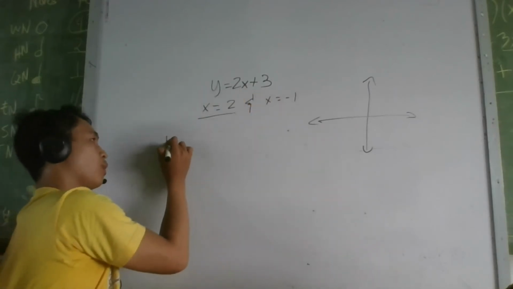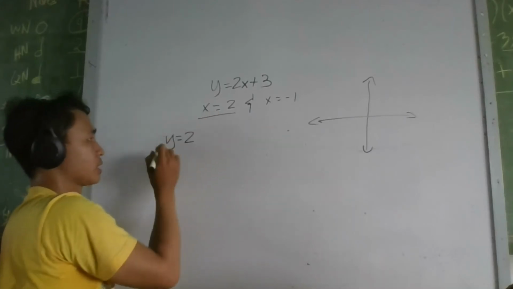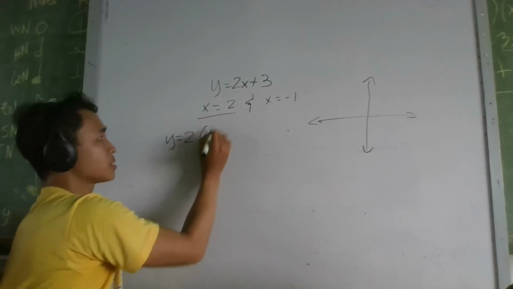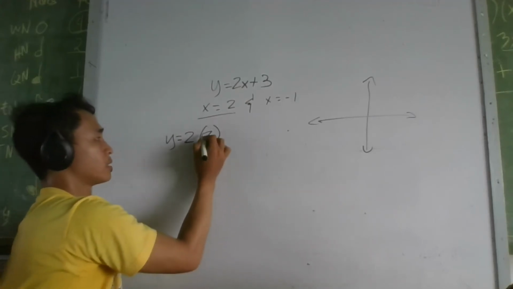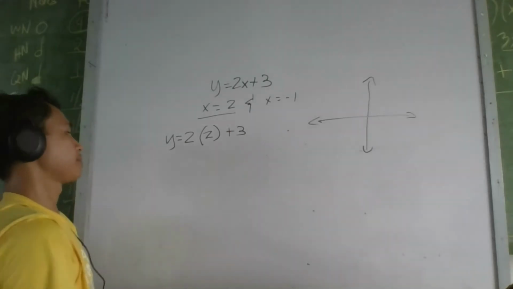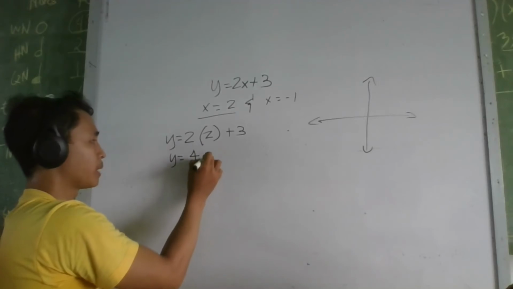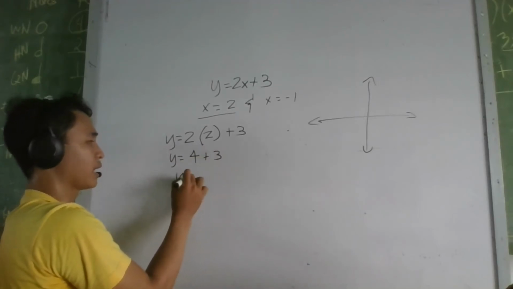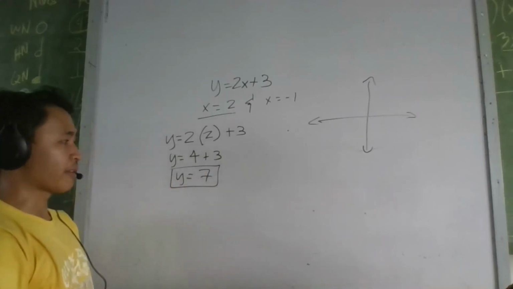That would be y equals 2 times yung x natin na x equals 2. And that is plus 3. Copy lang. That would be y equals 2 times 2 is 4 plus 3. Y equals 4 plus 3 is 7. So therefore, that is 7.